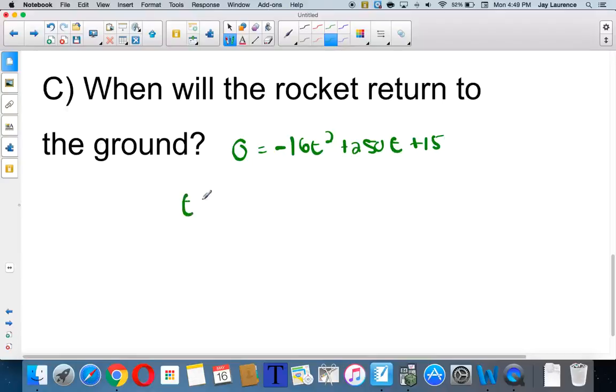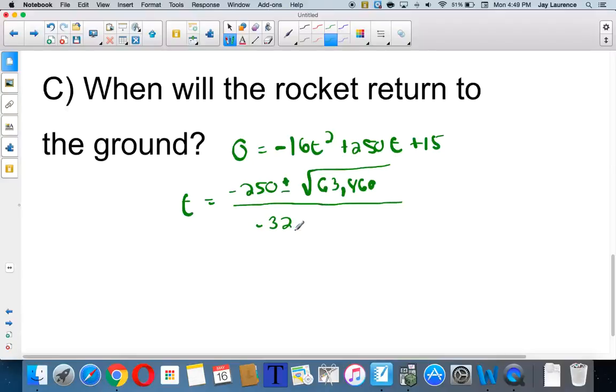So I'm going to go t equals negative b plus or minus the square root of the discriminant, 63,460, all over 2a, negative 32. And so, let's see here, 63,460.